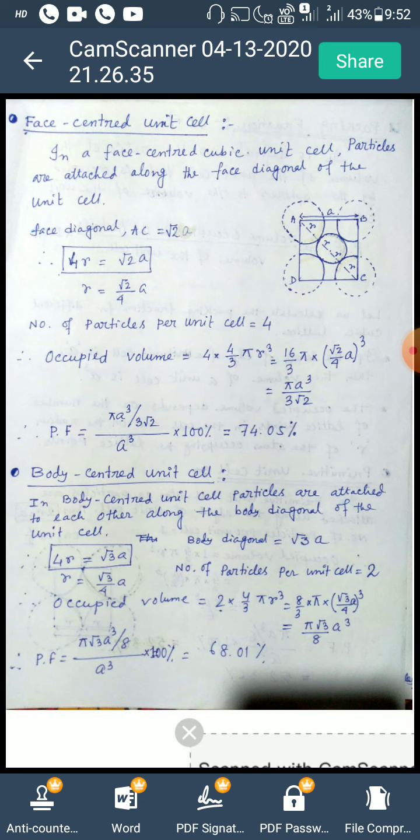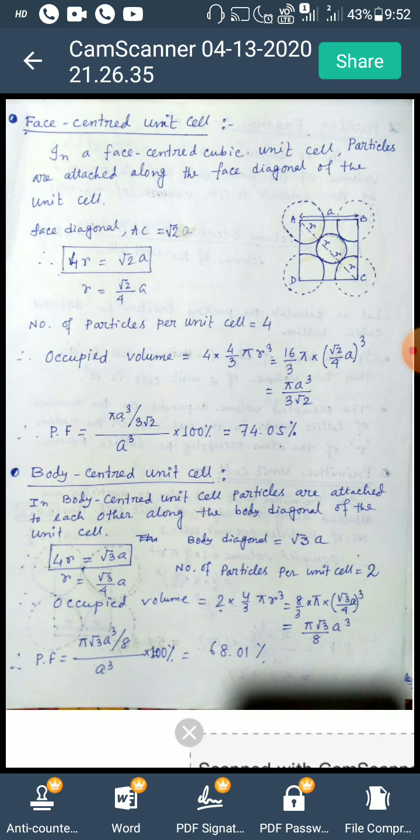Putting in the value, we get pi a cube by 3 root 2. So the packing fraction of a face-centered unit cell is pi a cube by 3 root 2, divided by a cube, where a cube is the volume of the unit cell, into 100%. So it is 74%, more precisely 74.05%.